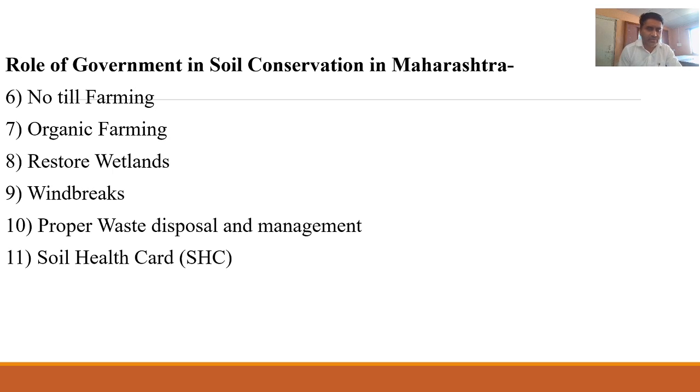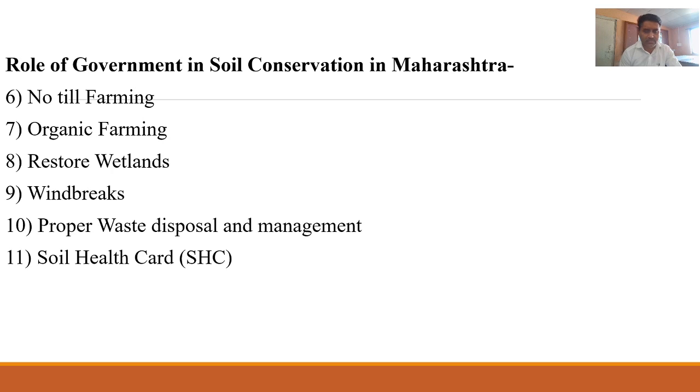And the last factor is the soil health card. As you know, the government of India has started the scheme, that is the soil health card. Every farmer is now aware about the quality of his soil, and he should know what the NPK is, what the secondary nutrients are, what the micronutrients are.